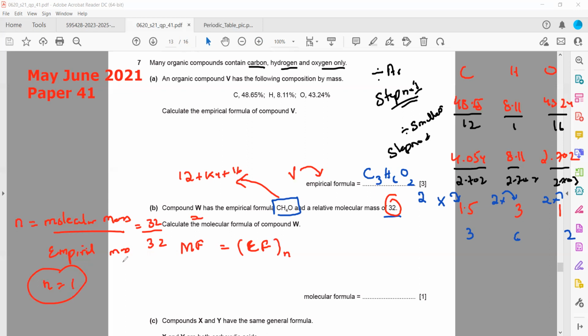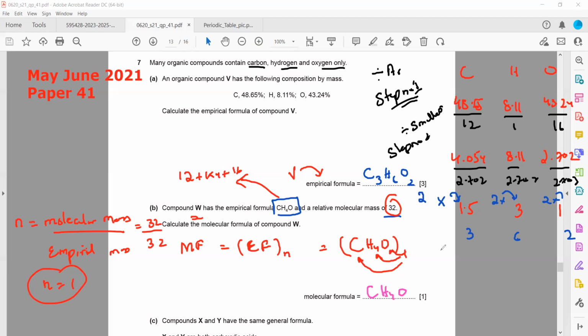Whenever empirical and molecular masses are the same, the compound will have the same empirical and molecular formula because n is 1. So when we solve, it is CH4O and the value of n is 1. One is multiplied with carbon, with hydrogen, and with oxygen. So the final answer will be CH4O.